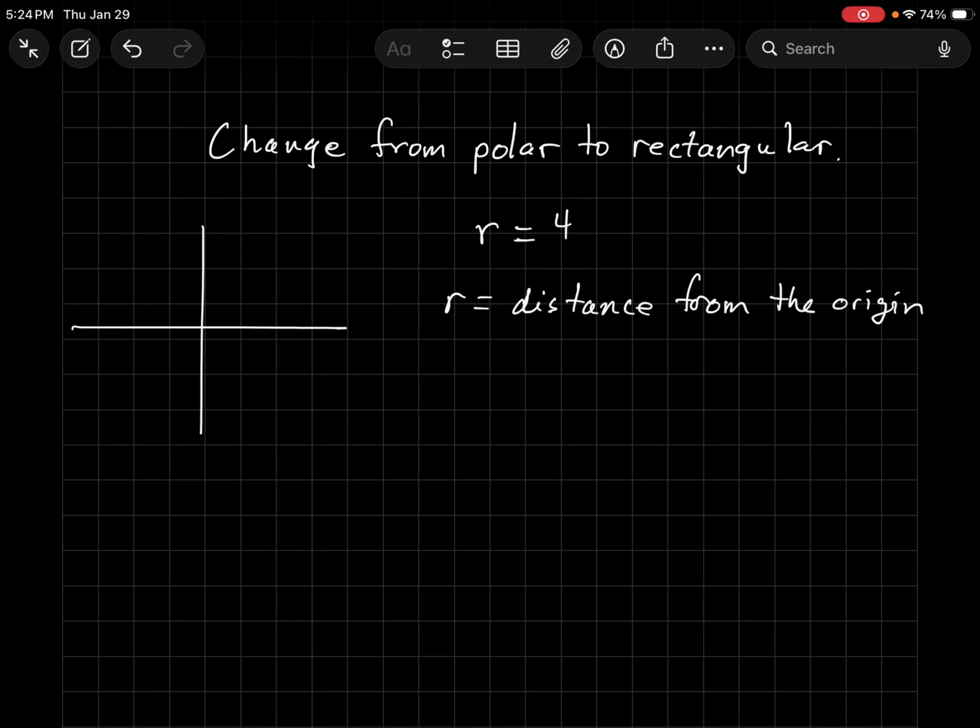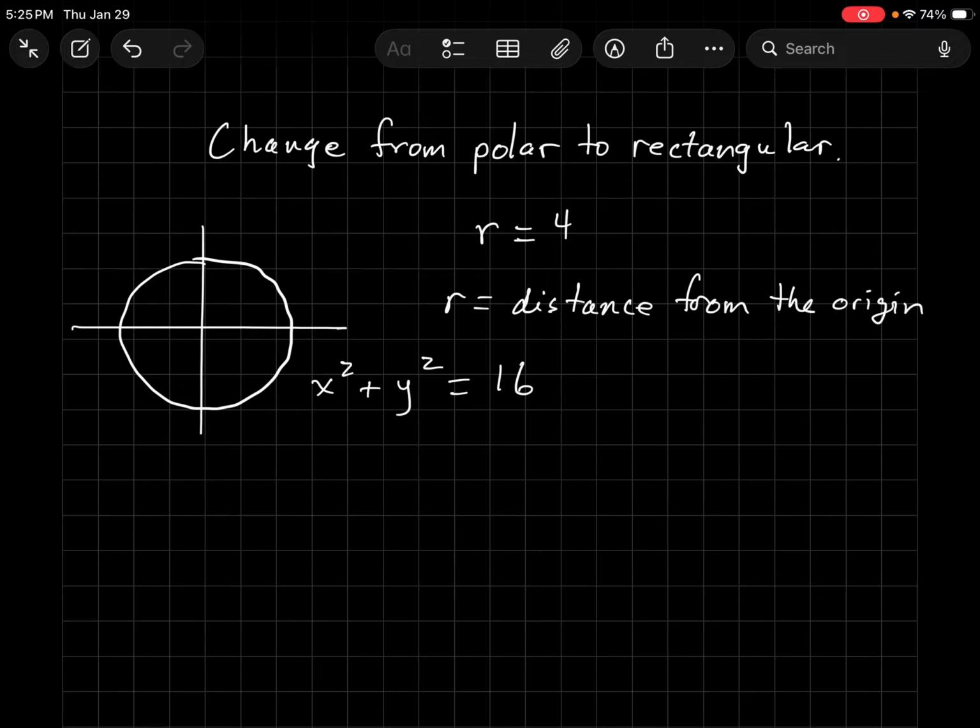So what shape is equidistant from the origin for all points? A circle, of course. So a circle centered at the origin with a radius of 4, or x squared plus y squared equals 16. What if I hadn't thought of that?